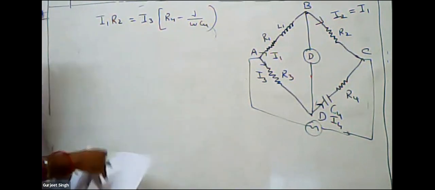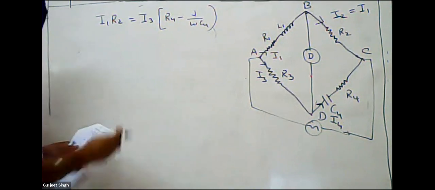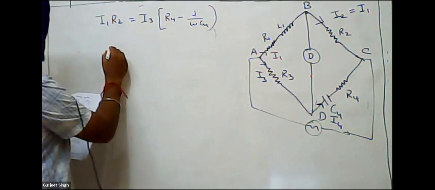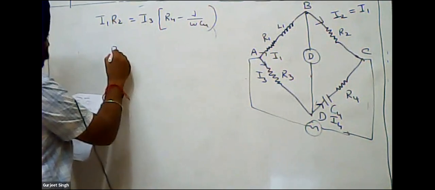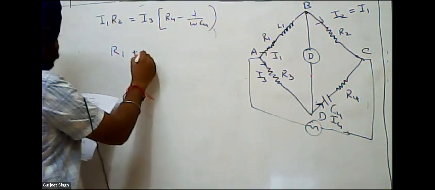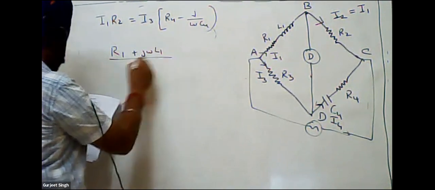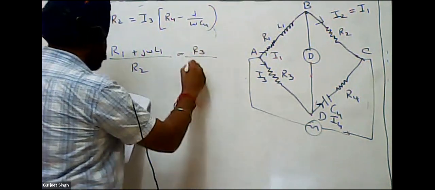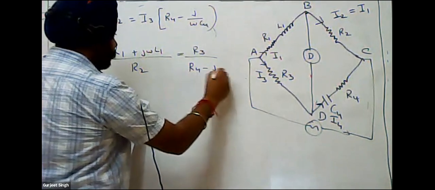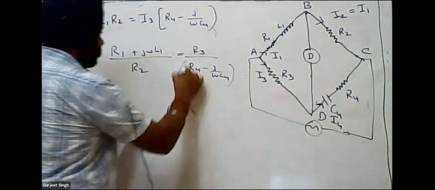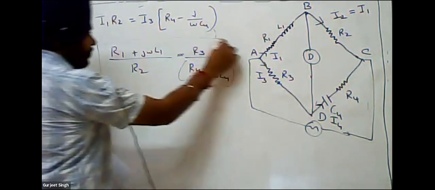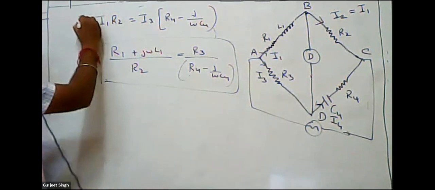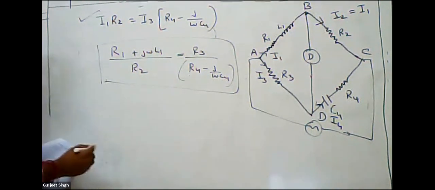And we have a second equation, like (R1 plus J omega L1) upon R2 is equal to R3 upon (R4 minus J omega C4). So how will this equation come? We have the first equation, this one.